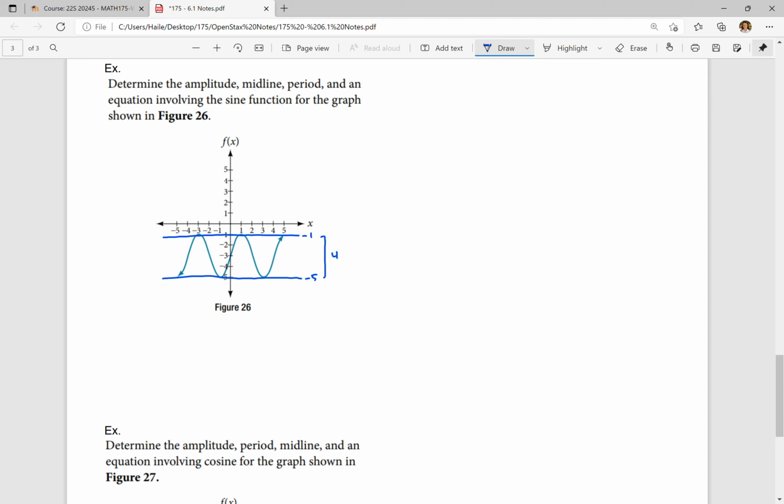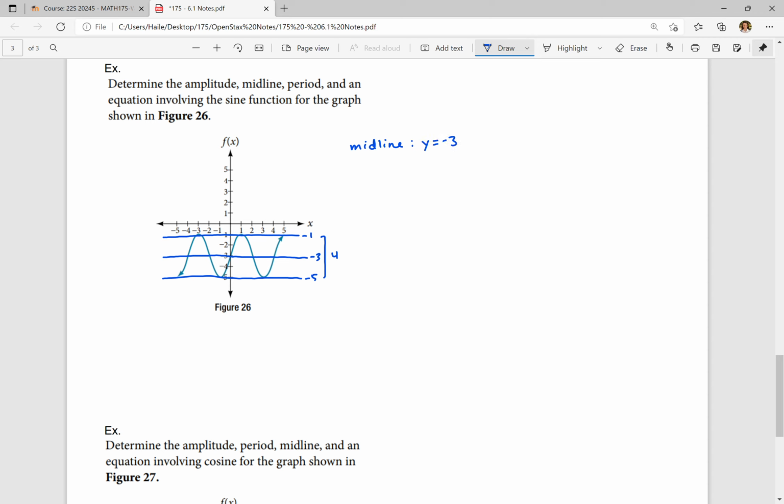So if we want to find the midline, we need the number in the middle. So if I draw another line at -3, you'll notice that I split that graph in half. So my midline is at y equals -3.